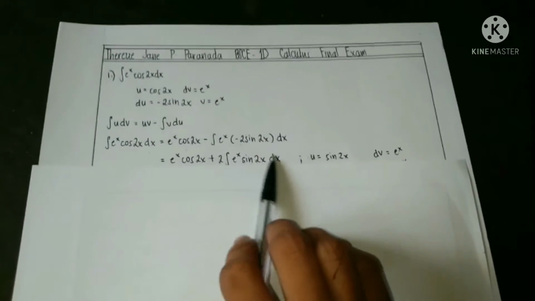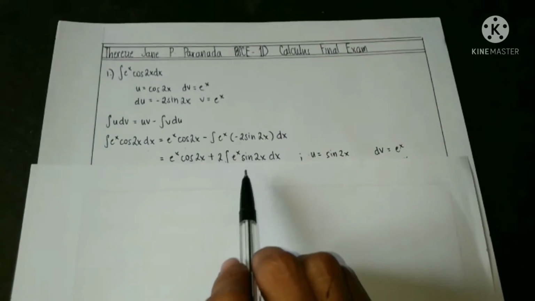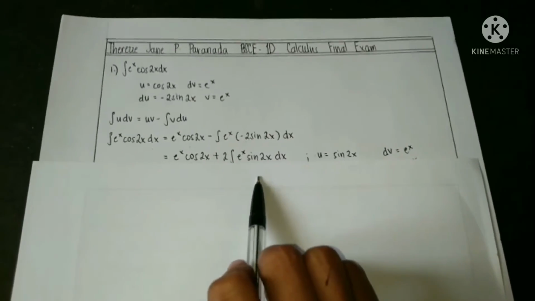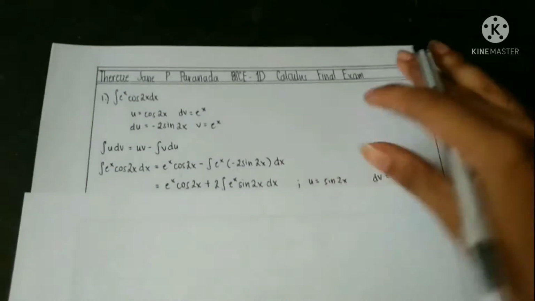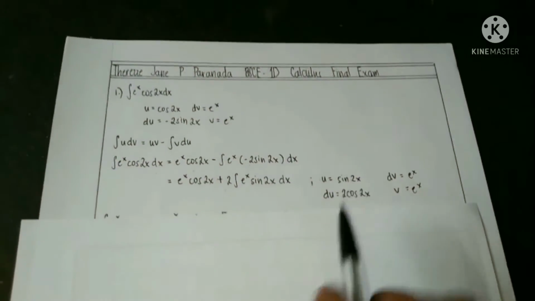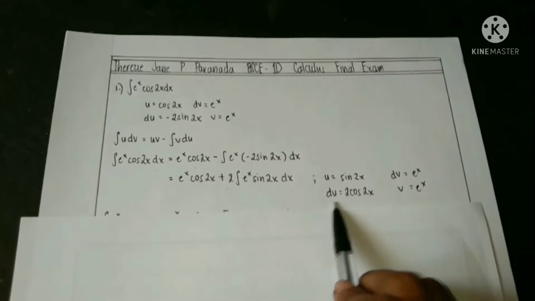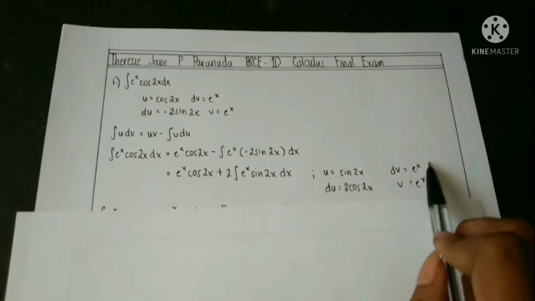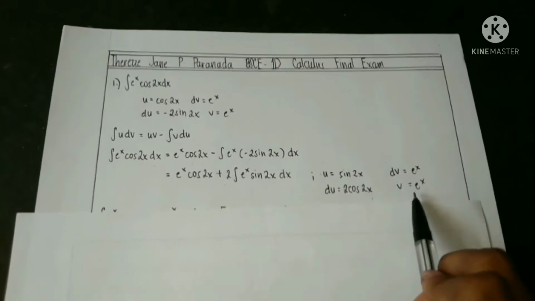As we can see here, we are going to do the integration by parts again. So this time, let us make u equal to sine 2x. Our du will be 2 cosine 2x. And our dv is e raised to x as well, so our v is e raised to x also.